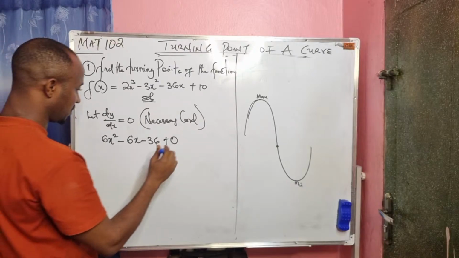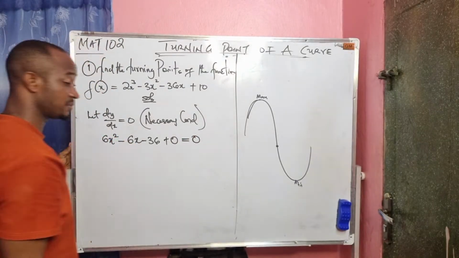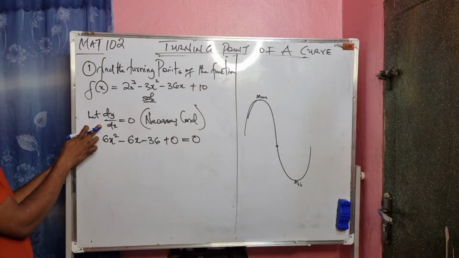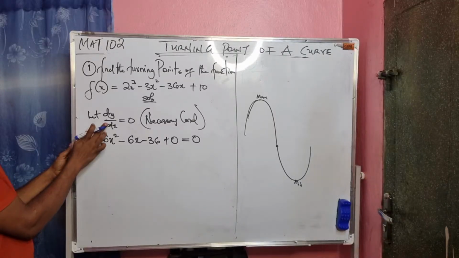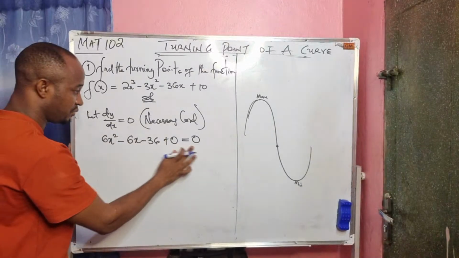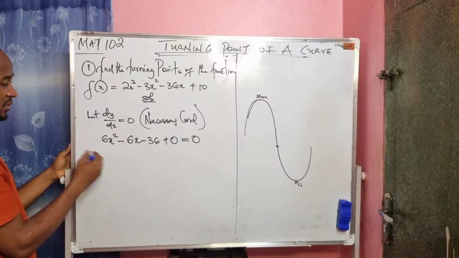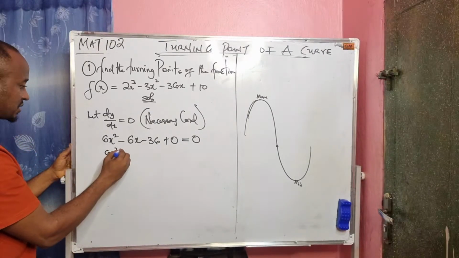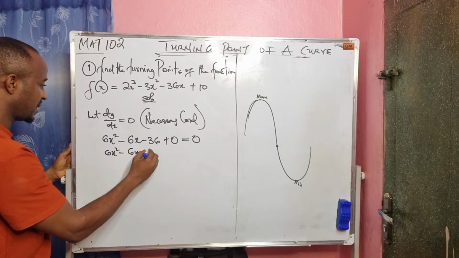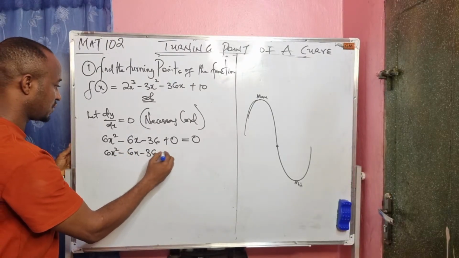So when you differentiate, we set this equal to 0. That is the first condition. I have to put the whole of this equal to 0, so it becomes 6x squared minus 6x minus 36 equals 0.